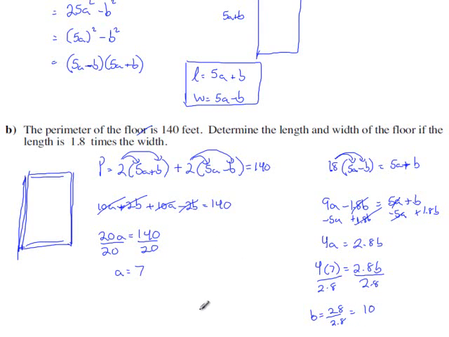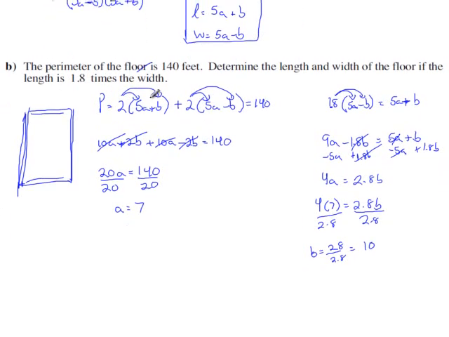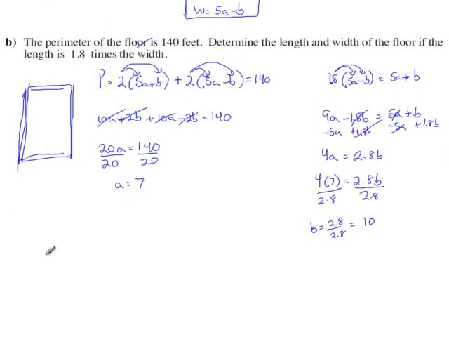So you're not quite done yet. You found out what a and b are, but you've been asked to find length and width. So the last thing you have to do is plug a and b into those equations for length and width. Length equals 5a plus b, which equals 5 times 7 plus 10. 35 plus 10 is 45, so your length is 45 feet.